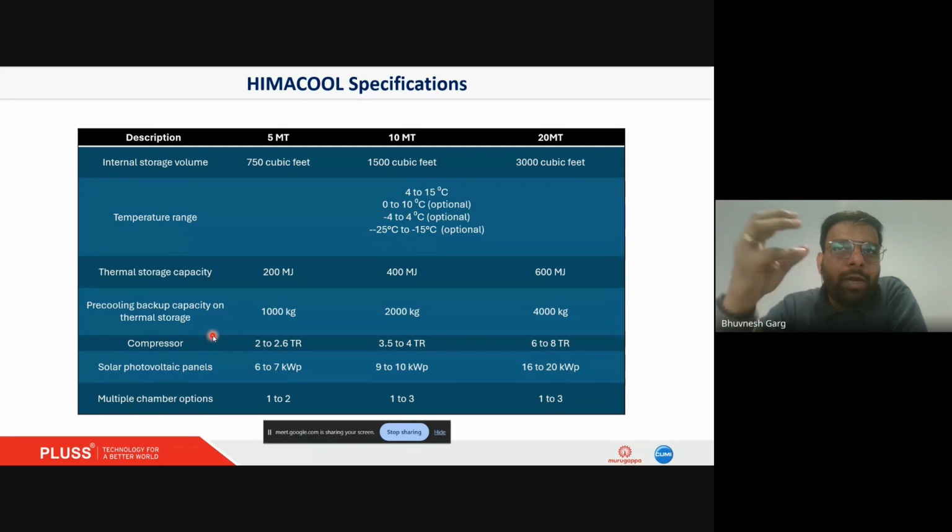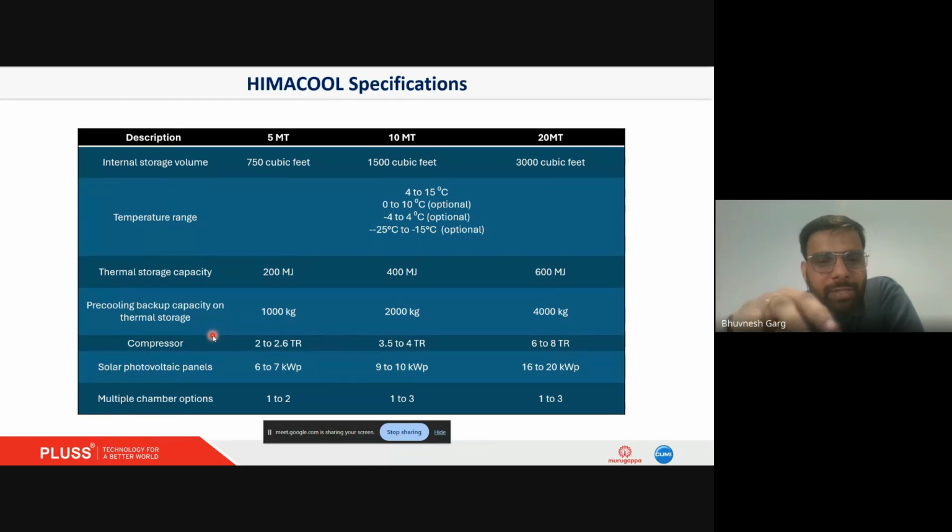You can bring down the temperature of that produce, let's say from 30 to 20 initially or 15 degrees Celsius. Then you put that produce into your actual cold room where you can maintain 2 to 8 degrees Celsius. So with the same backup, you can pre-cool your food and vegetables, and you don't have to incur extra operating costs for the same.